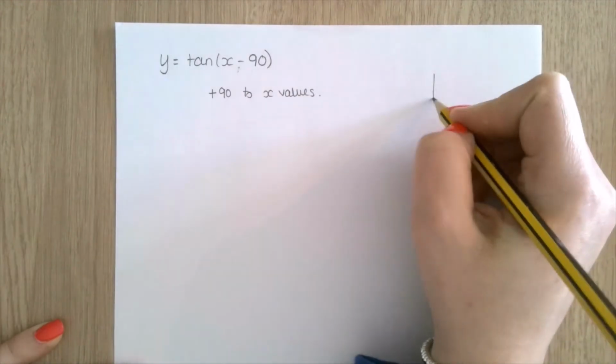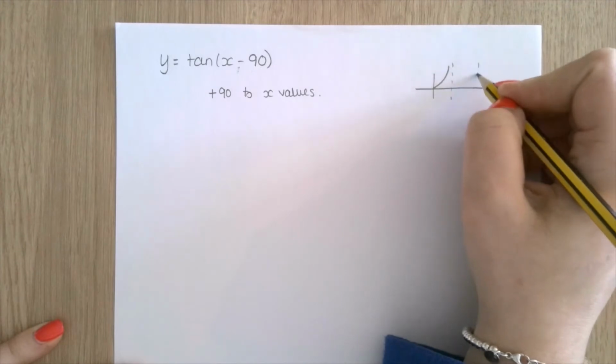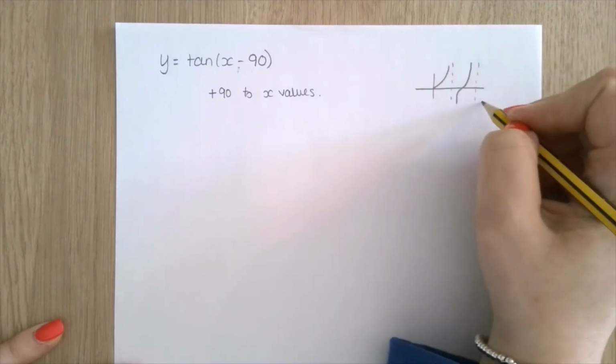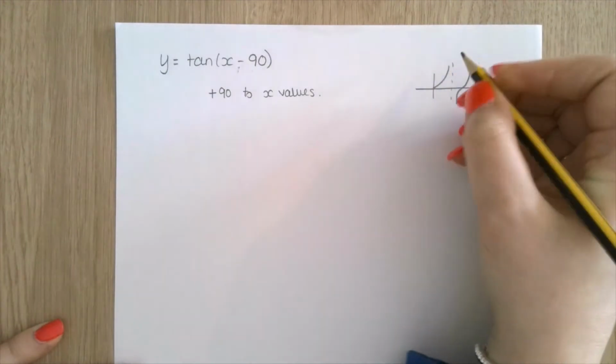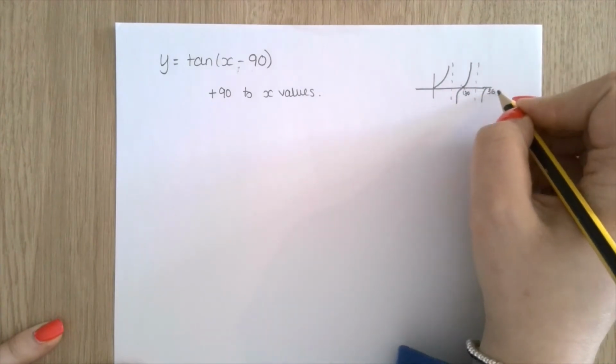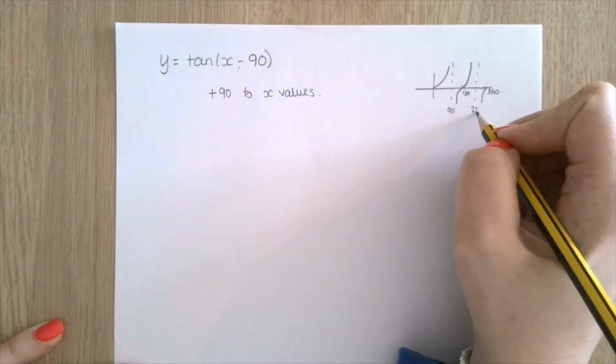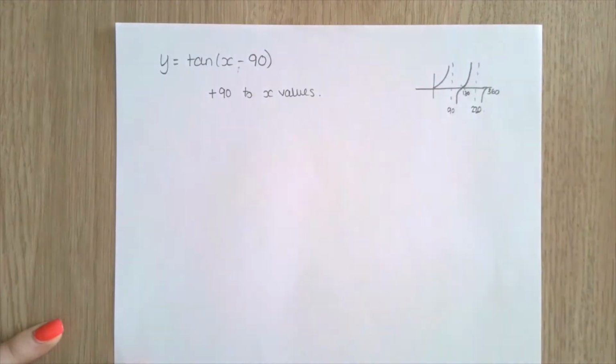Now, looking at my basic tan graph, which looks like that, where this is 180, 360, asymptotes at 90 and 270.